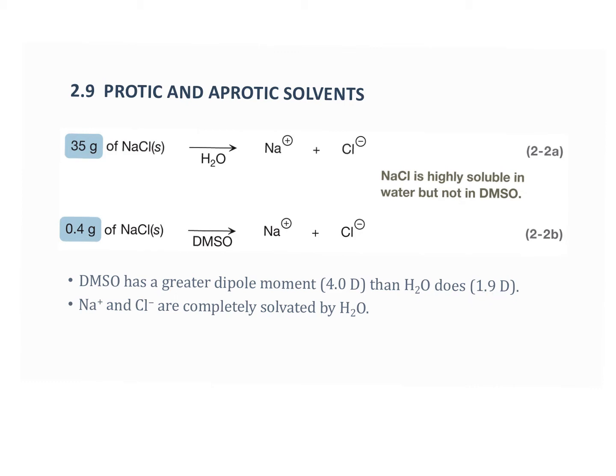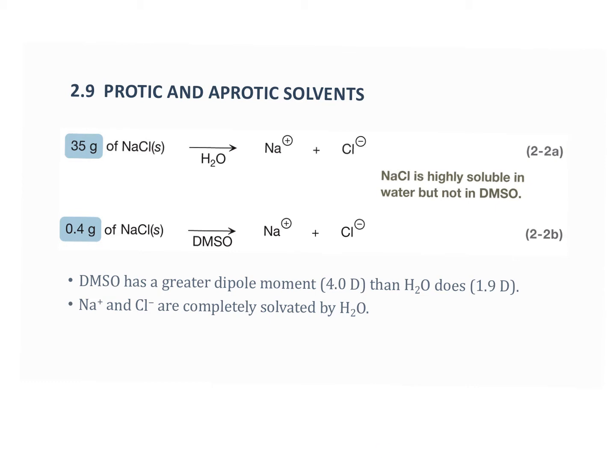I want us to look at the solubility of sodium chloride in another solvent, which is called DMSO. In DMSO, the solubility of sodium chloride is only 0.4 grams. Now, DMSO is a polar solvent, and it's got a greater dipole than water does. It's got 4 debyes there, so it's almost double what water has.